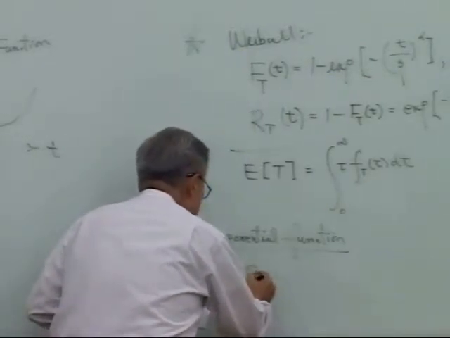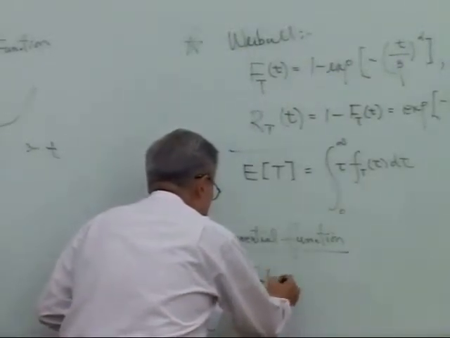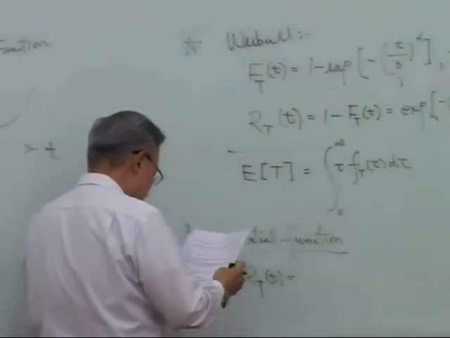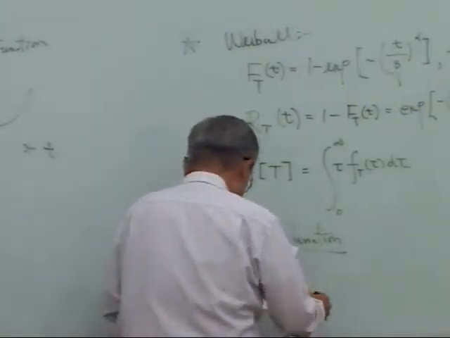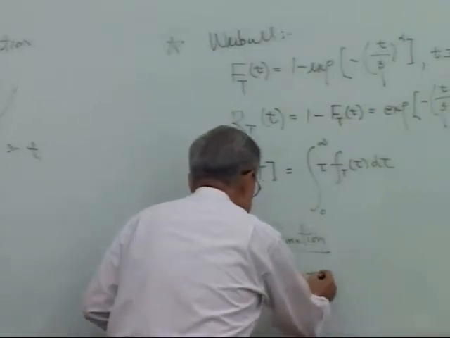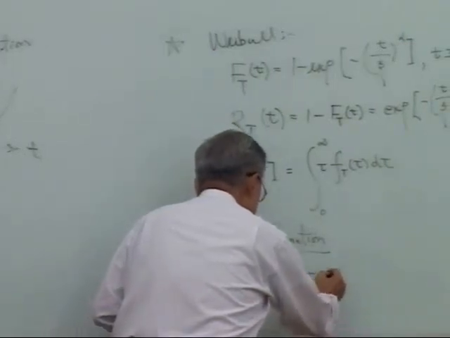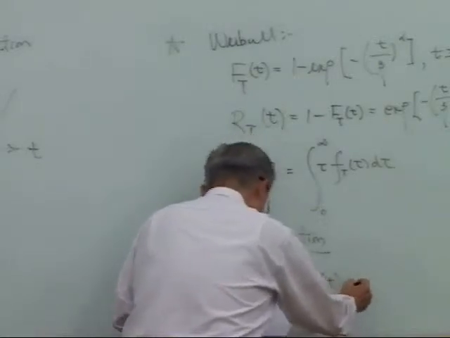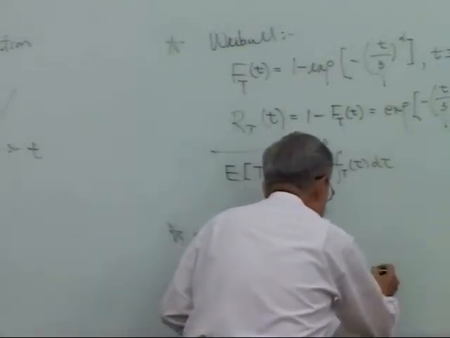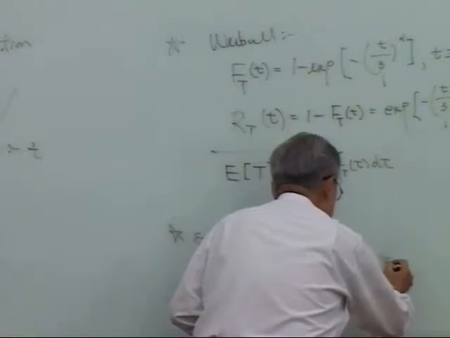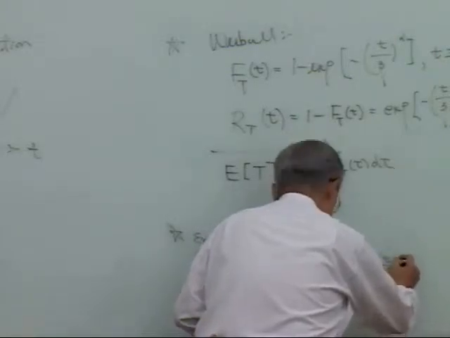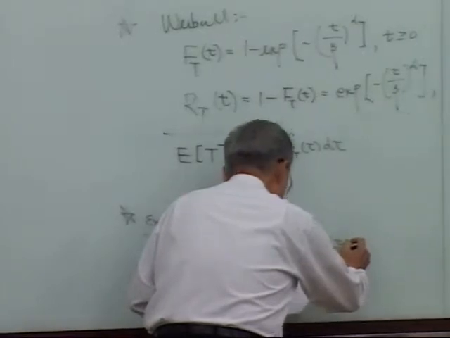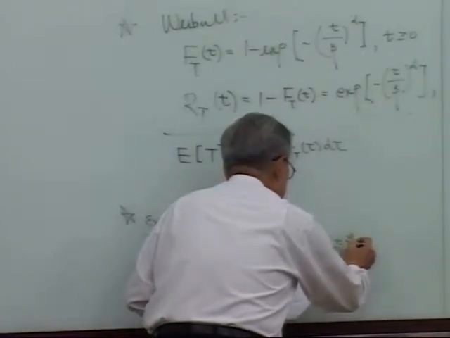For the exponential function, very close to the Weibull function, 1 minus F(t), R(t) is equal to e to the minus t over alpha.